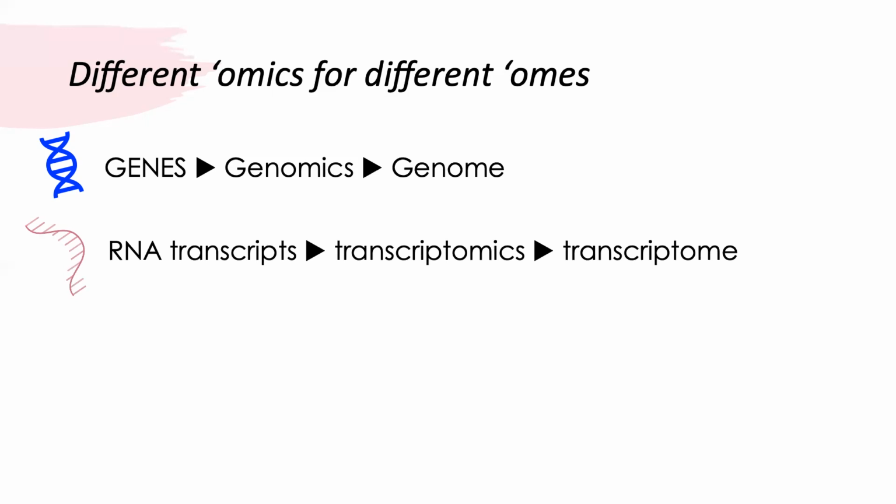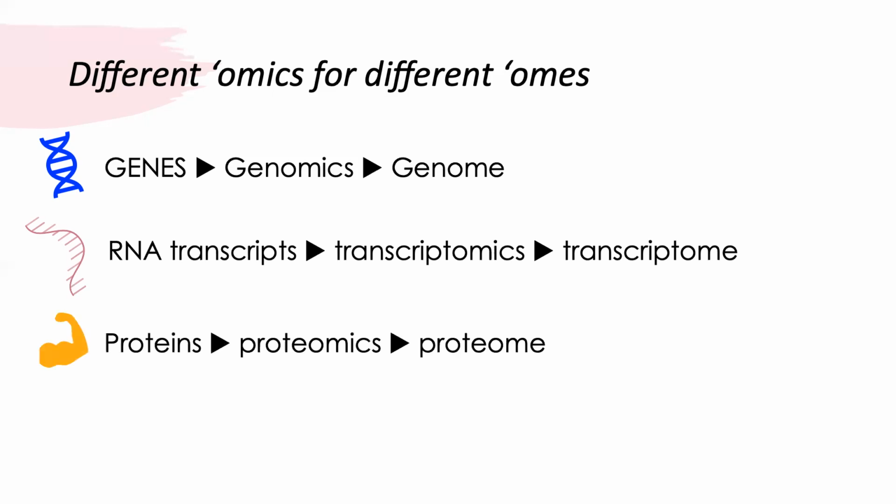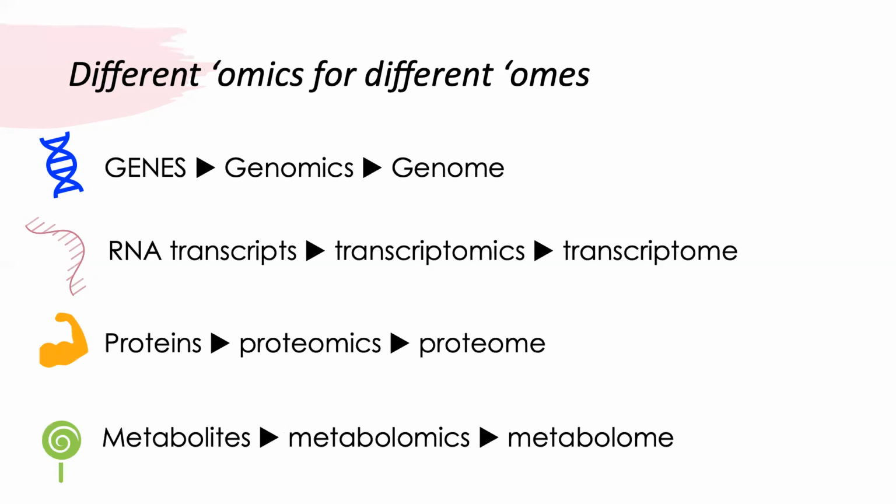And RNA tells us about the genes that are actually being used in a particular cell or in response to a particular situation. So for example, we could look at what genes are expressed after a cell becomes infected with, for example, a virus. We can also look at the proteins inside a cell using the tool called proteomics to understand the proteome. And we can use a tool called metabolomics to look at metabolites in a cell and understand the metabolome.